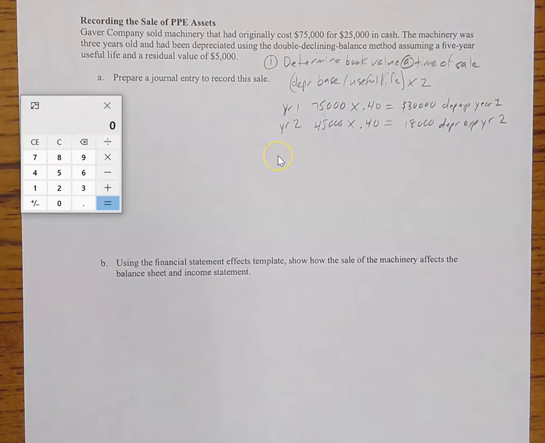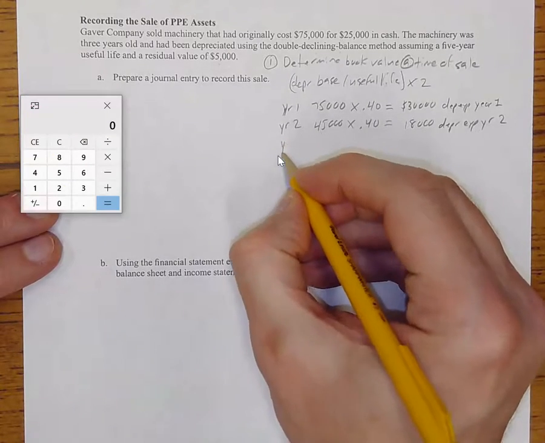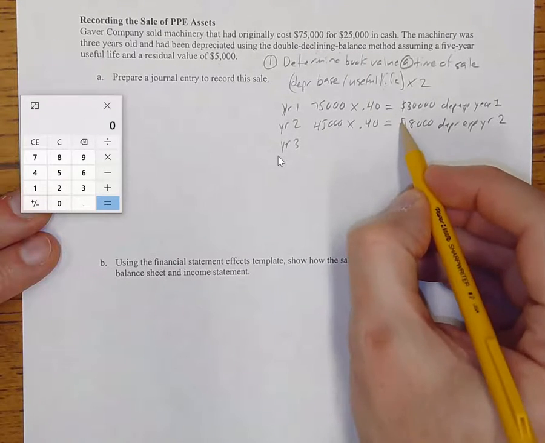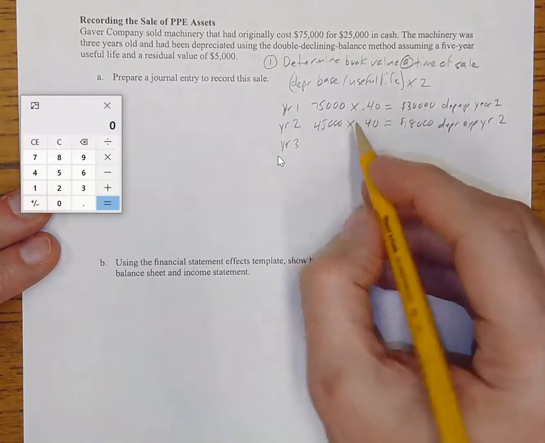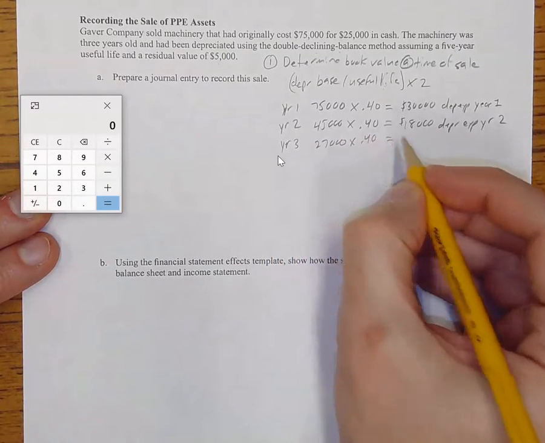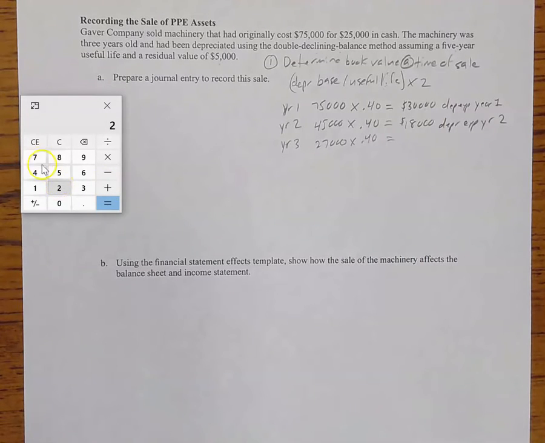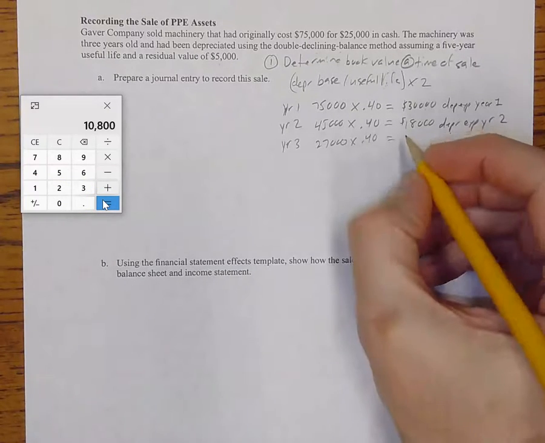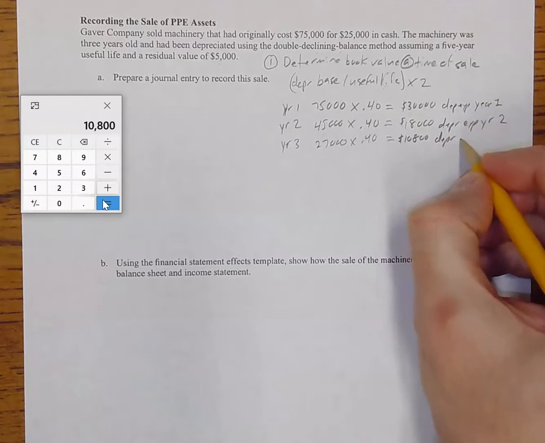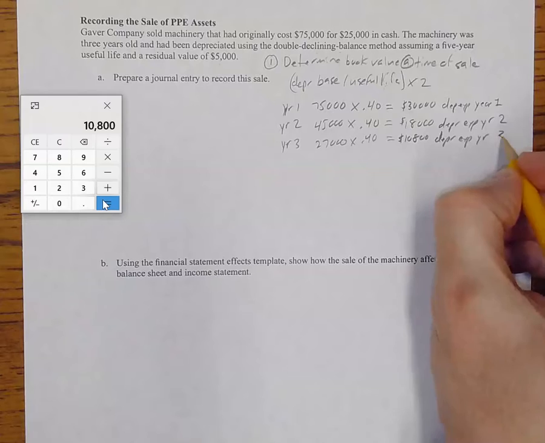I'm then going to, for year 3, subtract the 18,000 depreciation expense that I took in year 2 from the 45,000, and I'm going to come up with 27,000. 27,000 times 0.4 equals $10,800 depreciation expense year 3.